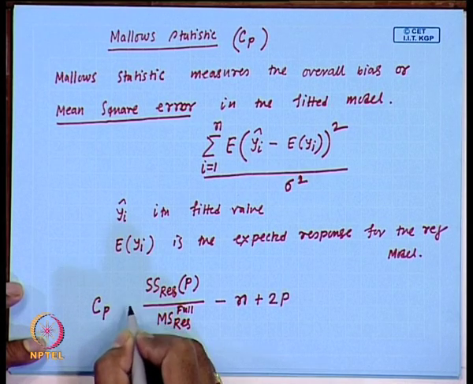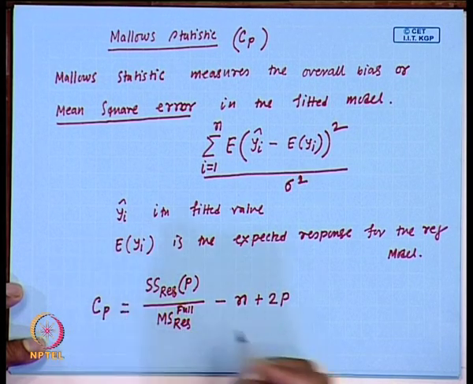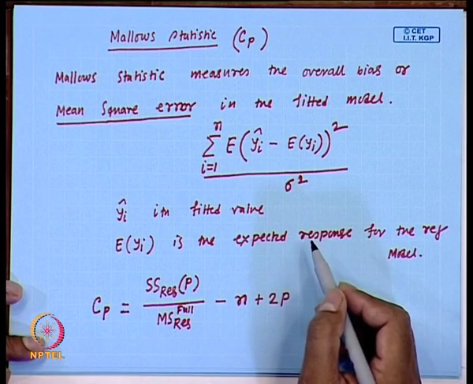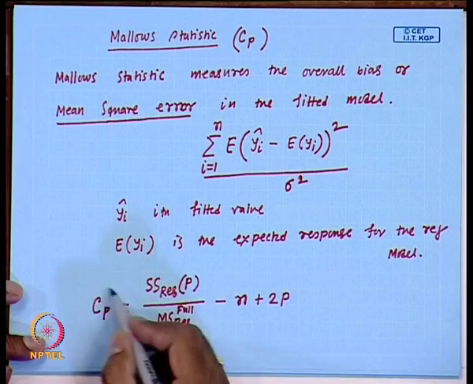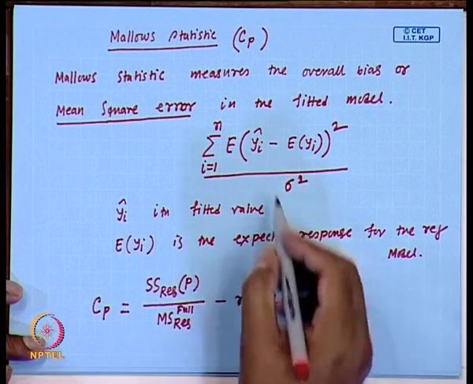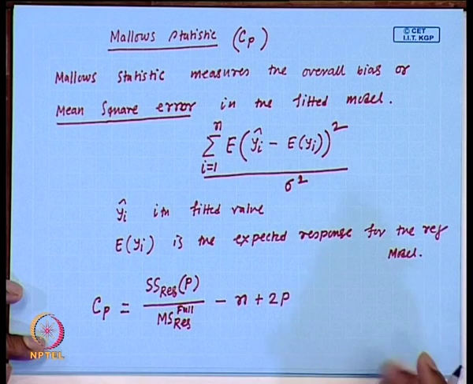I am not going into the detail of this, why Cp is an estimate of this mean square error. Okay, that is all.